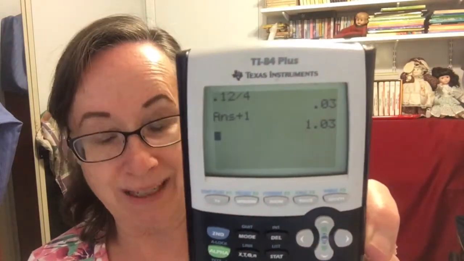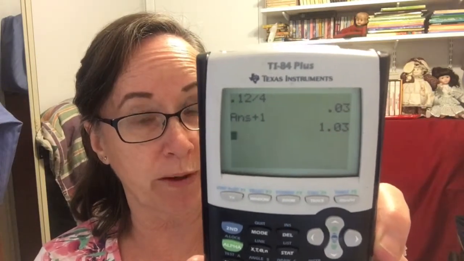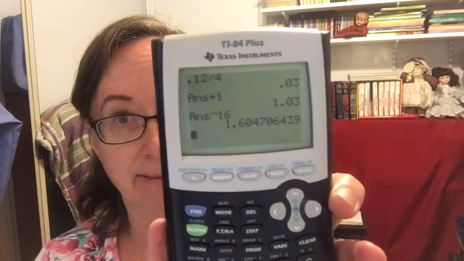So we have 0.12 divided by 4, and we're going to add a 1. Okay, so you should get a 1.03 inside your parenthesis, and now we're going to raise it to the 4 times 4, which is 16. So I'm going to raise it to the 16 power, and I get that.